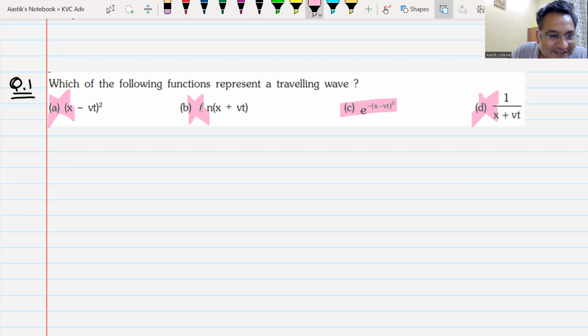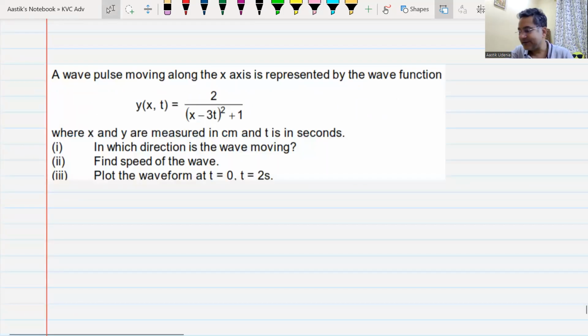I'm very happy with your progress. Not many students understand this wave function, and I normally avoid taking this. Remember, all these questions are going to come in JEE Mains, and when it is tough, JEE Advanced.